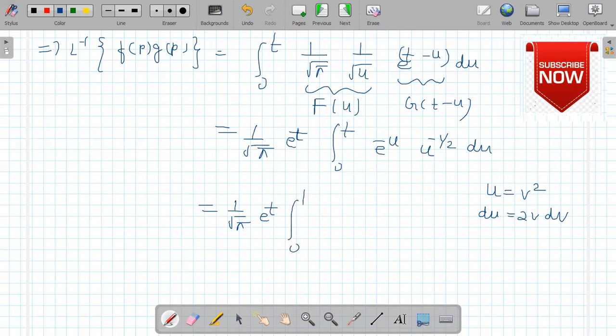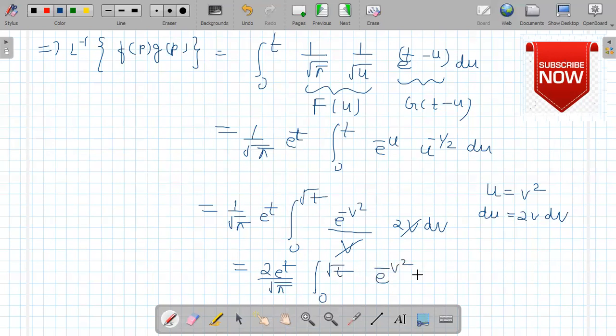The limit will be 0 to square root of t, because when you put u is equal to t here, v will be square root of t. e raised power minus v square divided by v. du is replaced by 2v dv, and square root of u will be replaced by v. This v will cancel with this. Here we have 2 e raised power t divided by square root of pi, 0 to square root of t e raised power minus v square dv.